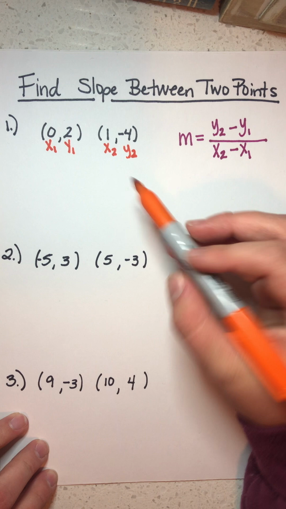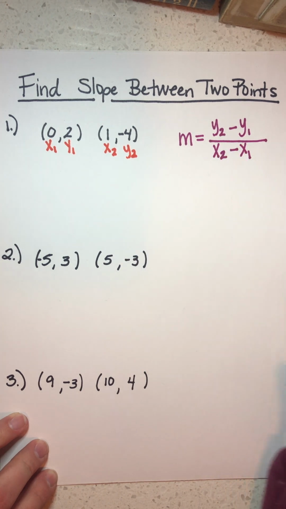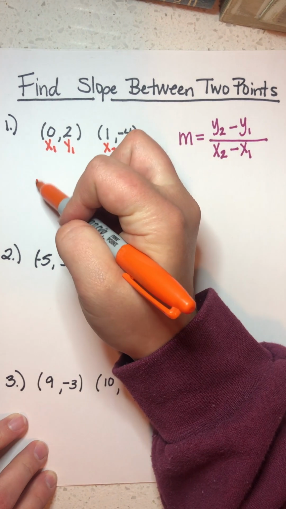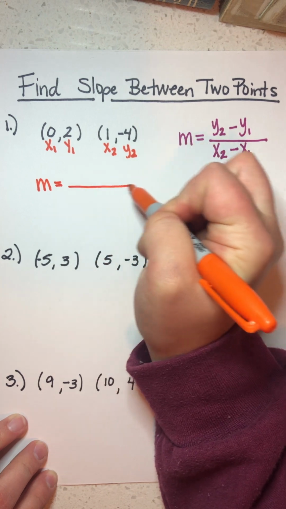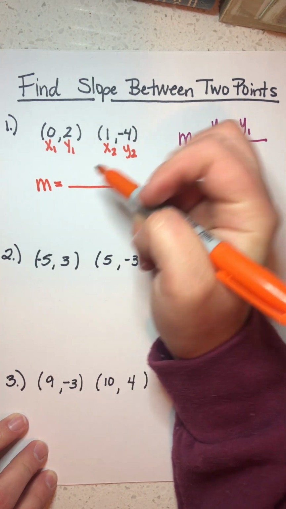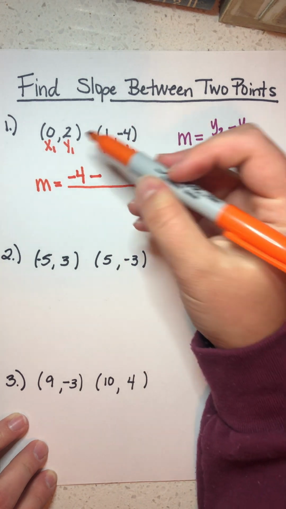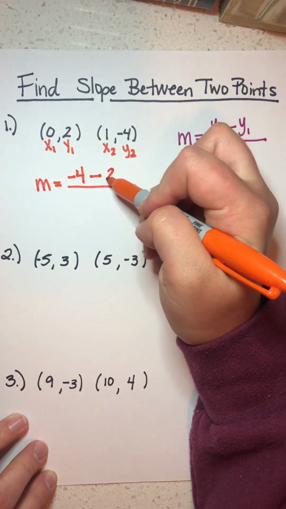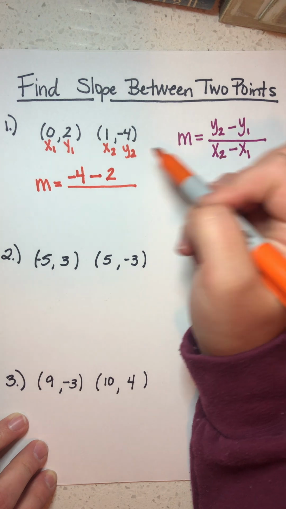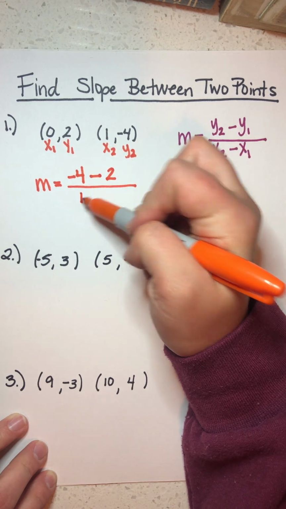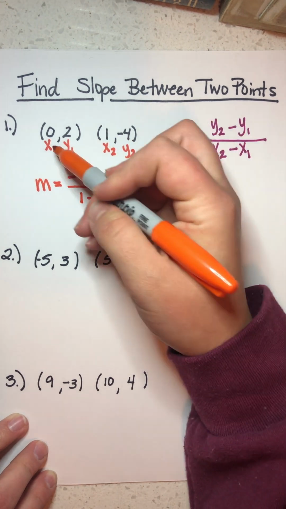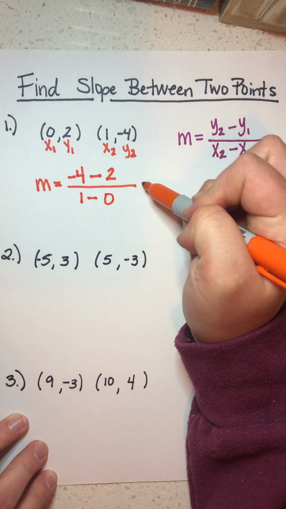And then we just substitute the values in the correct order into our slope formula. So our y2 is -4 minus our y1 is 2, over our x2 is 1 minus our x1 is 0.